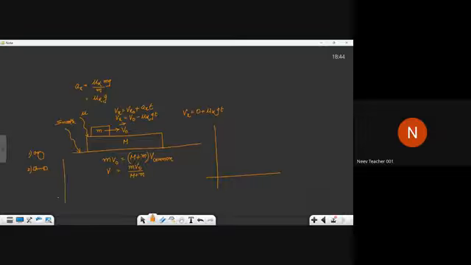One will see a drop. It drops because the slope is negative, and then it becomes constant. And the other will see a rise.